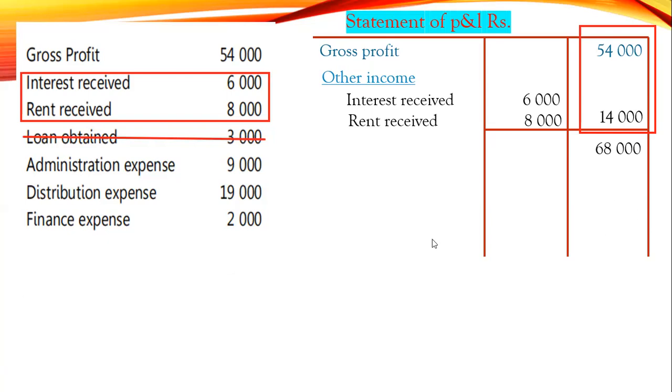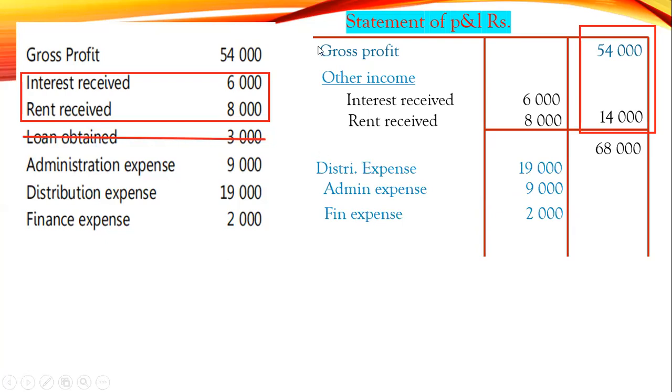The expenses we have: distribution expense 19,000, administration expense 9,000, finance expense 2,000. My dear students, when we prepare a statement of profit and loss, you have to write the expenses in this order.